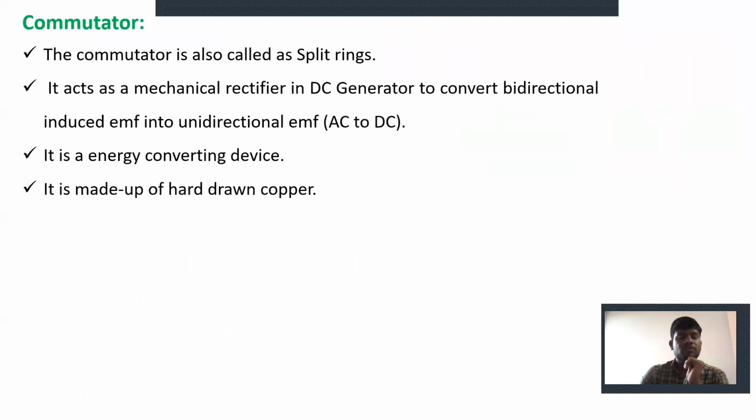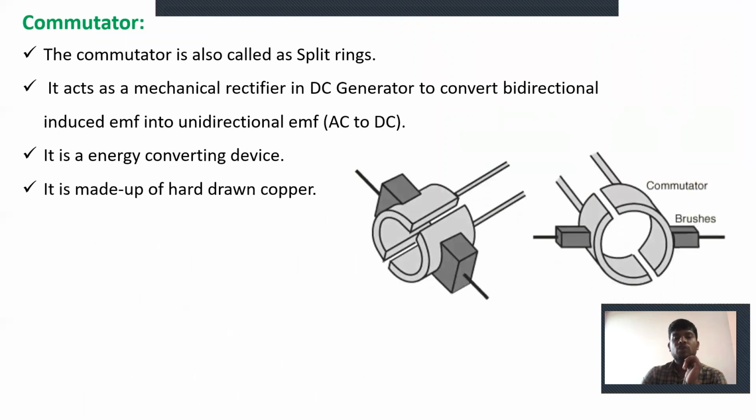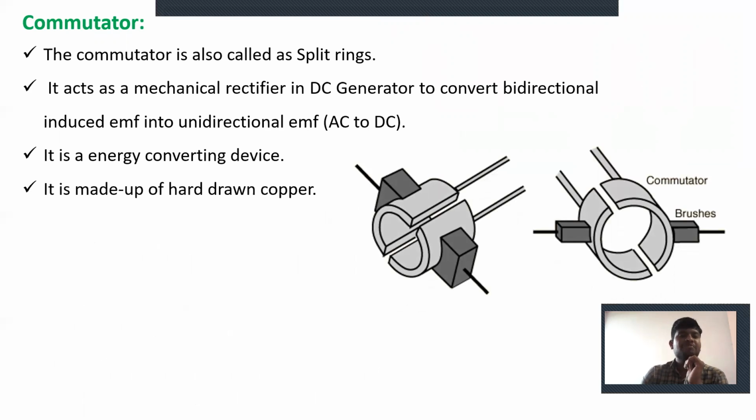Okay, so next we can see the commutator. The commutator is nothing but an arrangement of split rings. These split rings are connected to the armature. The induced EMF in the armature is an alternating quantity, the AC, and that AC quantity is converted into DC.